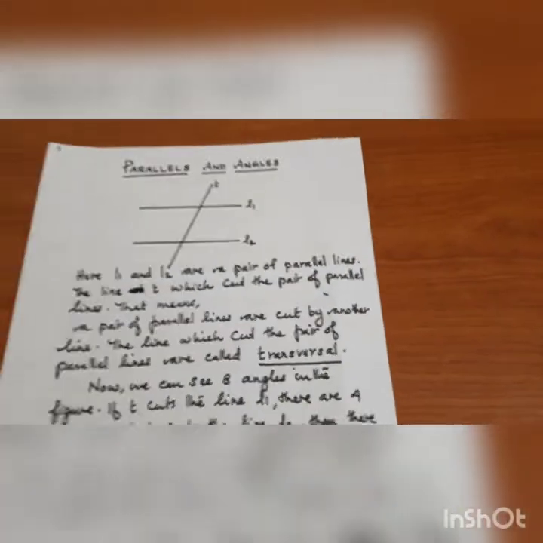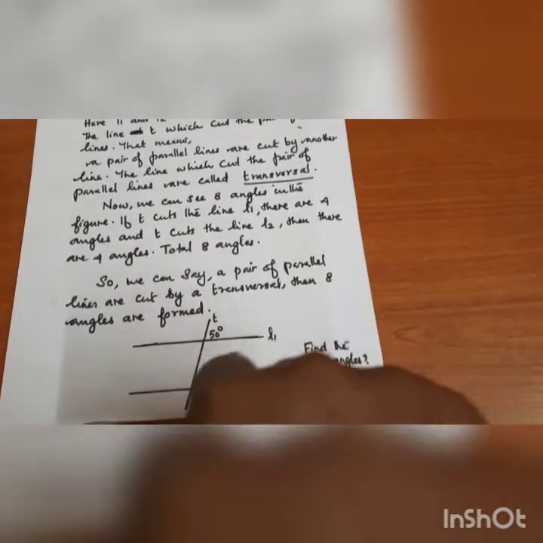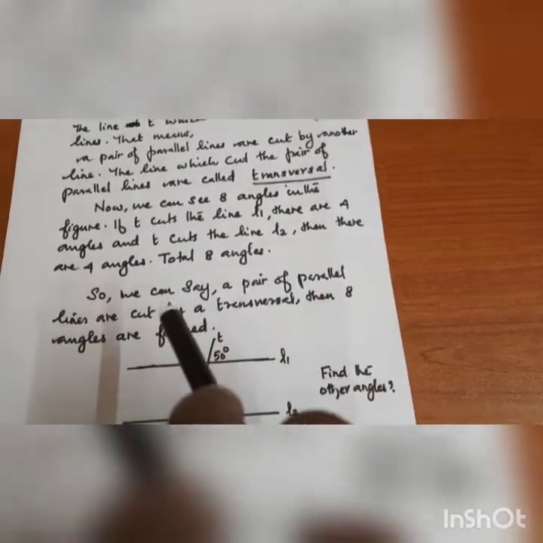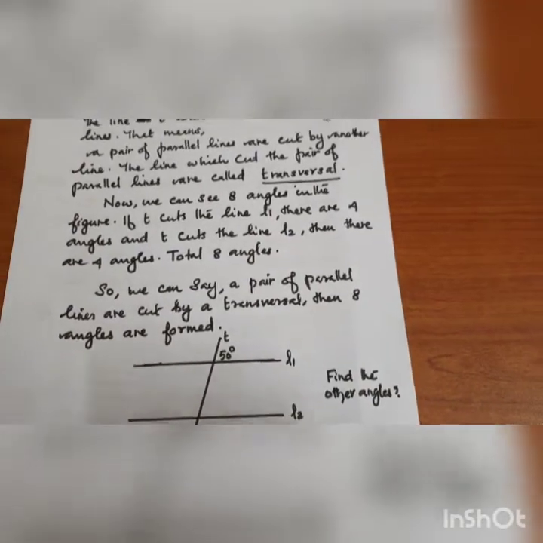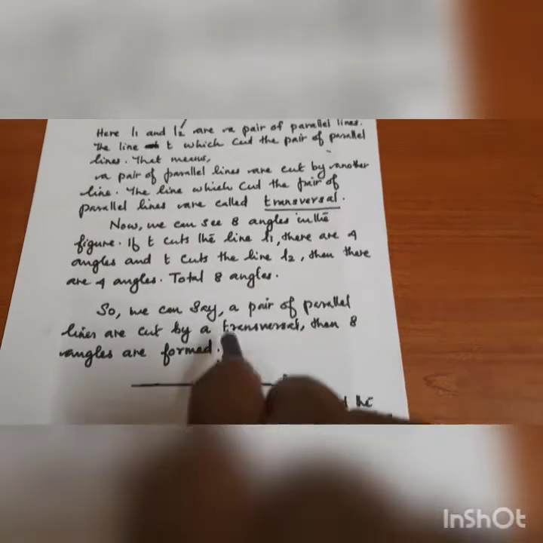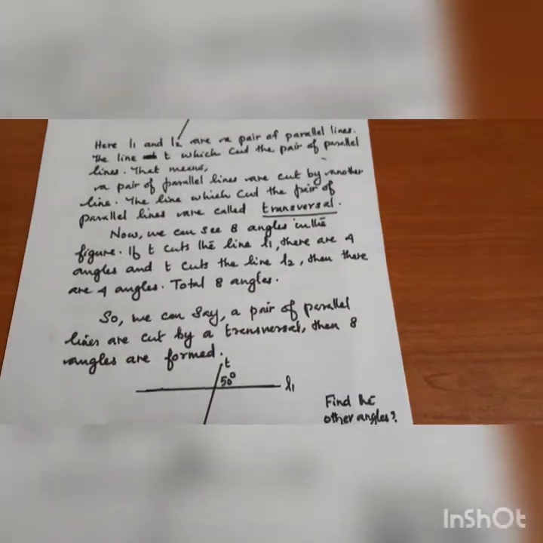Then we can check the 8 angles. In this figure, one angle is given as 50 degrees. Then we have to find the other 7 angles.